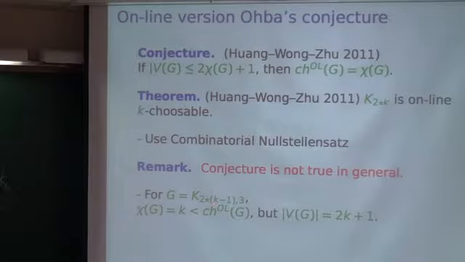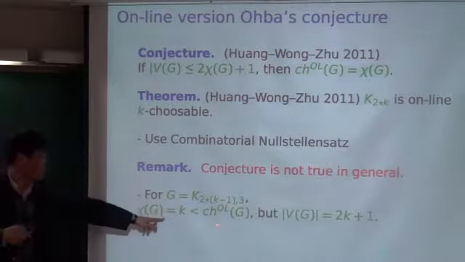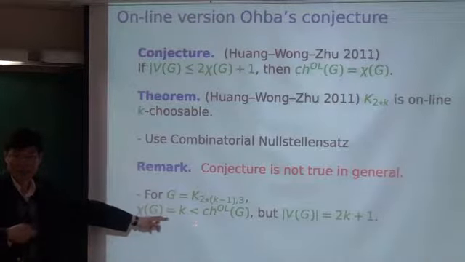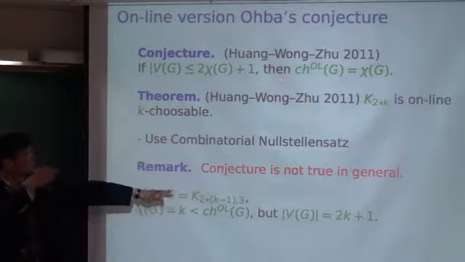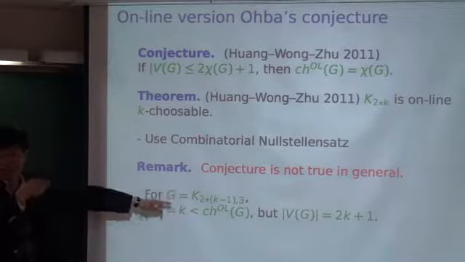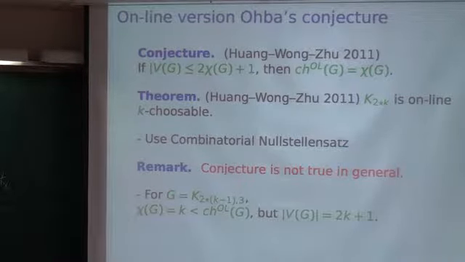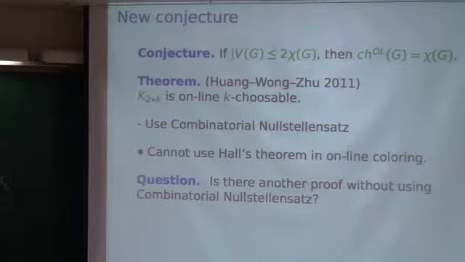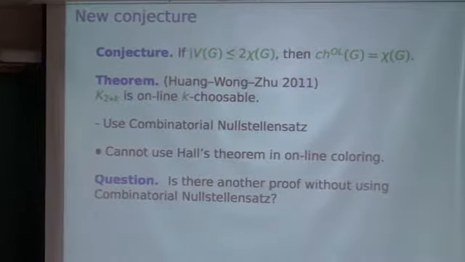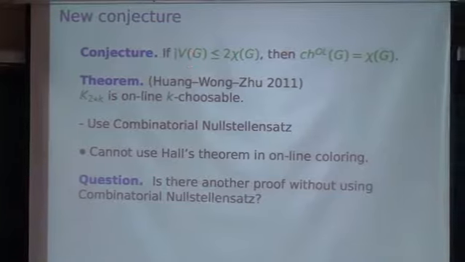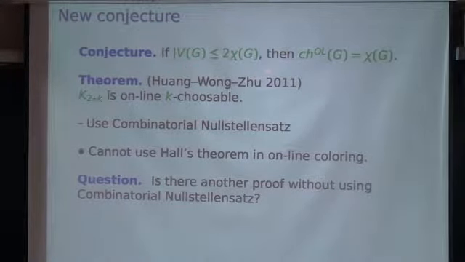And then we generalized, so we are able to show that for this graph, the online choice number is bigger than the chromatic number. And this graph actually satisfies this condition. So we need a new conjecture. The new conjecture is that the number of vertices is at most 2 times the chromatic number.